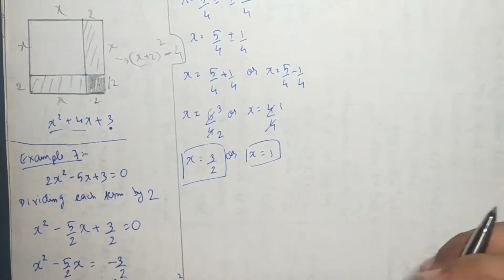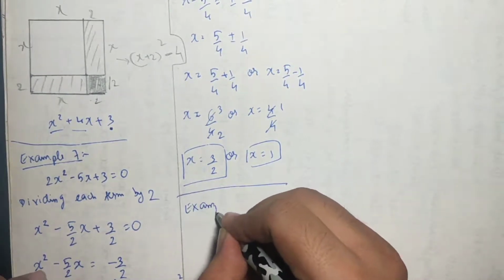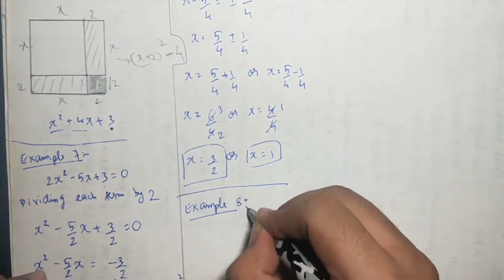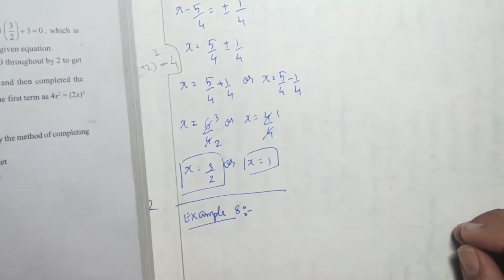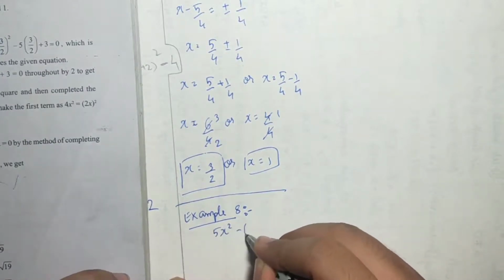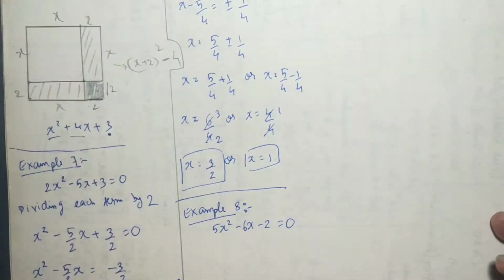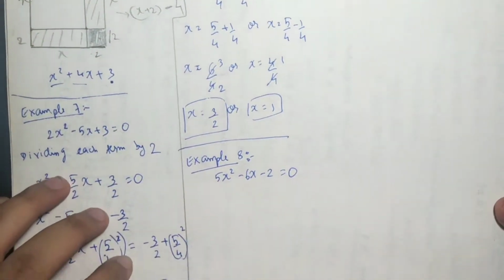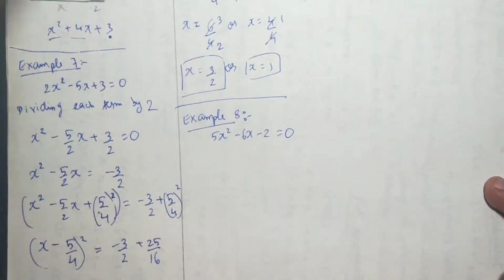Let us solve example number 8. The equation given to us is 5x square minus 6x minus 2. The first step, divide the whole equation by the coefficient of x square.